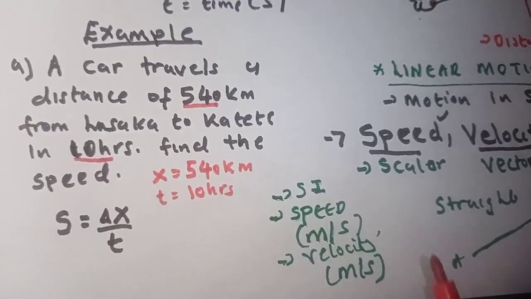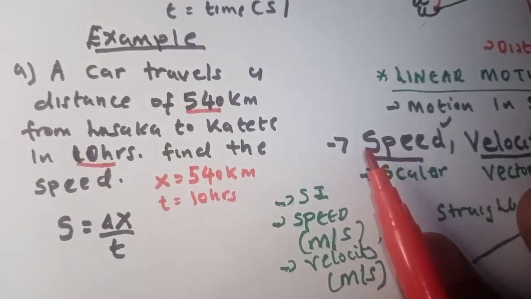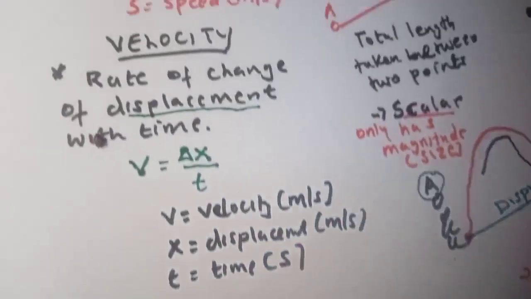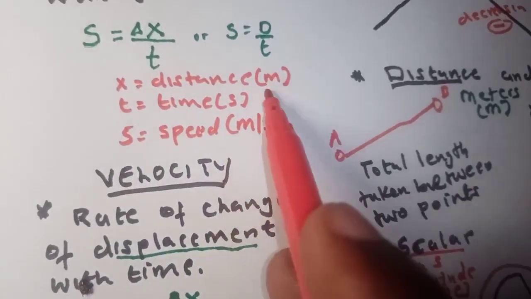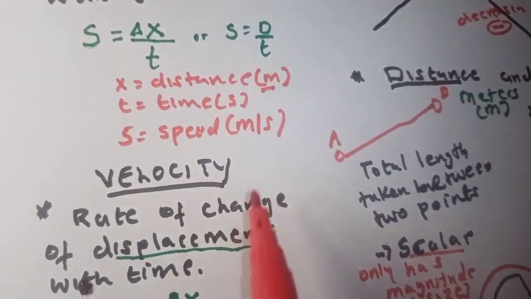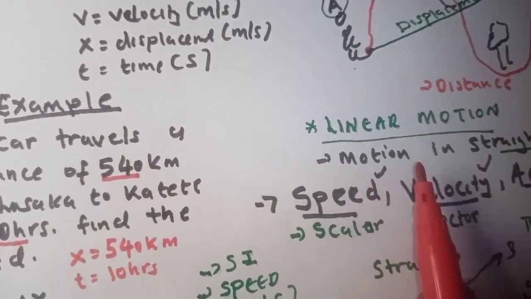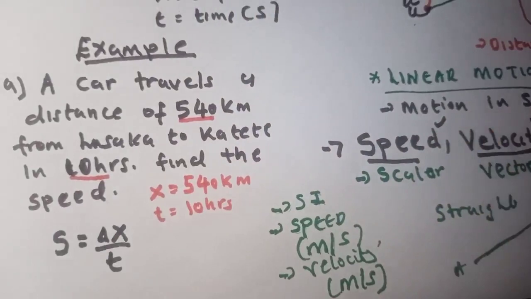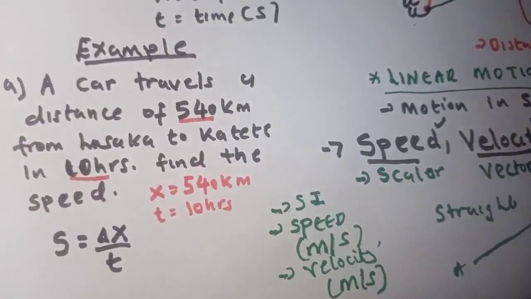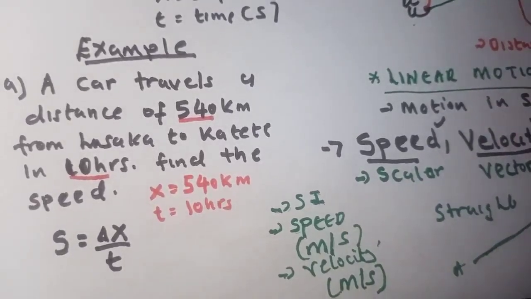Now remember, the SI unit for distance should be meters and the SI unit for time should be seconds. But in this case, we've been given kilometers and hours. So we need to change the kilometers into meters, and the 10 hours into seconds.